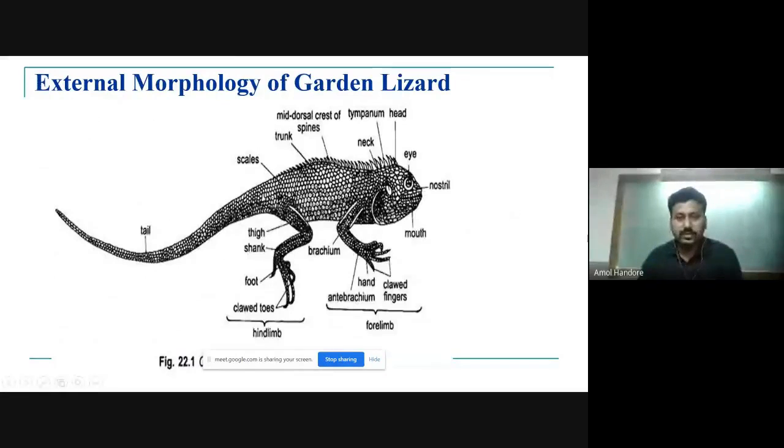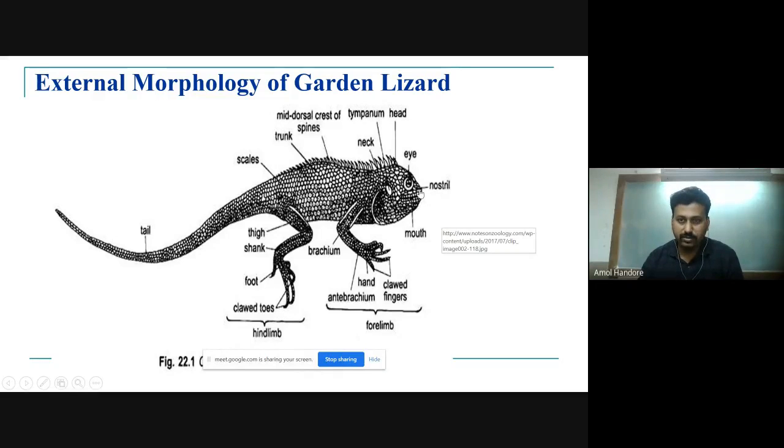Okay, so in this picture, we can see different body parts of a Calotes. So a round eye pupil, eyes are present laterally. So they do not have binocular vision. They have monocular vision, because in higher organisms, you have binocular vision. Here, since the eyes are laterally positioned, they only have monocular vision.